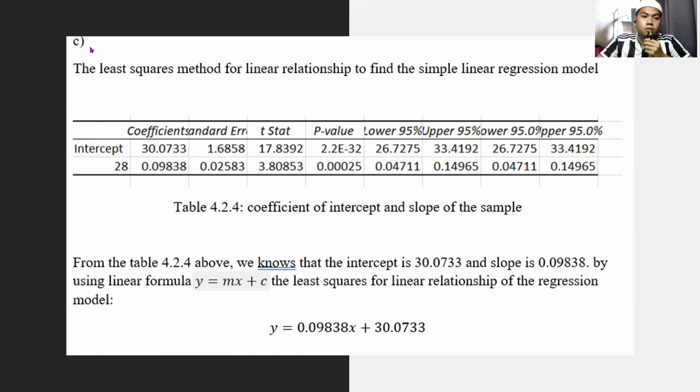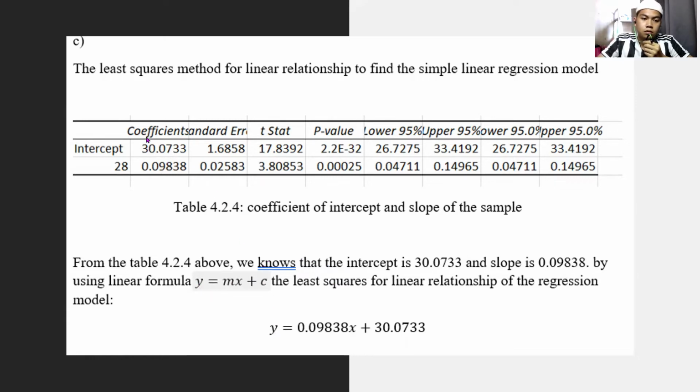So next I will cover question number C, which is to find the simple linear regression model using the least square method. By using the Excel simulation, we can determine the intercept point and the slope value. From this we can know the equation for the straight line formula, which is y equals mx plus c.